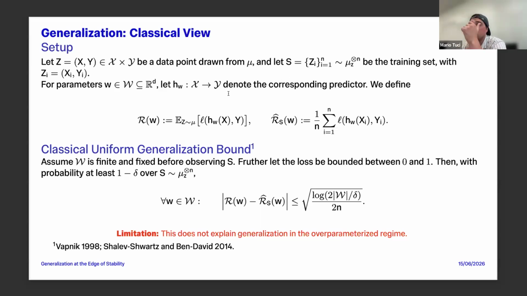How do we then formalize a neural network? We have some parameters, and we have a predictor which is parameterized by those weights. Then we define the so-called risk and the empirical risk. The risk is basically what we actually want: we want to minimize the expectation over a distribution we don't have access to. As a surrogate, we look at the empirical risk, because to that we have access.